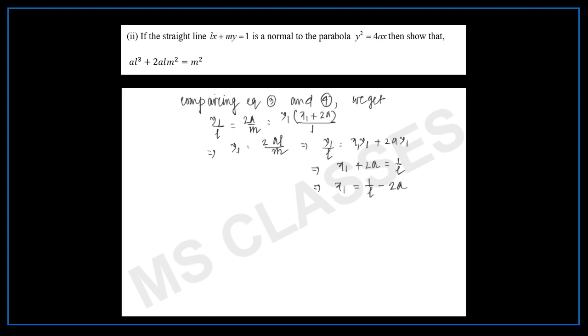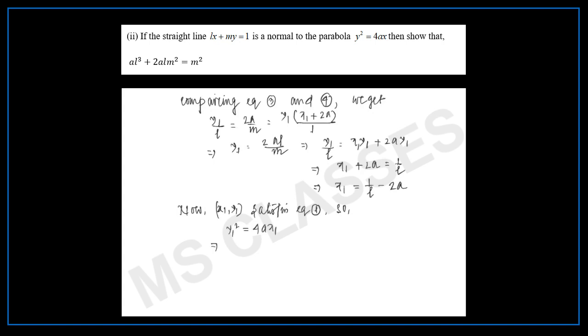Now x1 and y1 must satisfy the equation of the curve. Point (x1, y1) satisfies the equation of the curve, equation 1. So we can write y1 square equal to 4ax1.